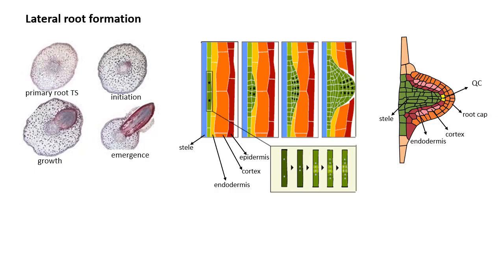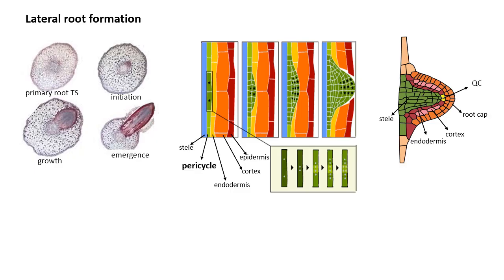The auxin maxima is maintained through the PIN proteins and signaling by the AUX/IAA and ARF transcription factors. The lateral root primordium arises from the pericycle cells, which are highlighted here in green color, that have retained their stem cell function even after moving away from the RAM.